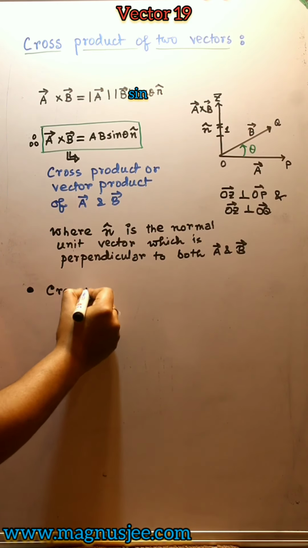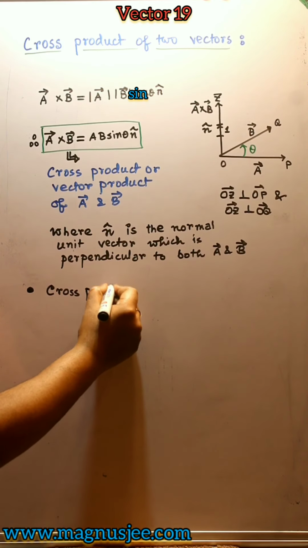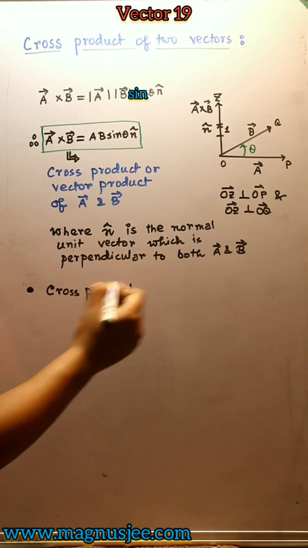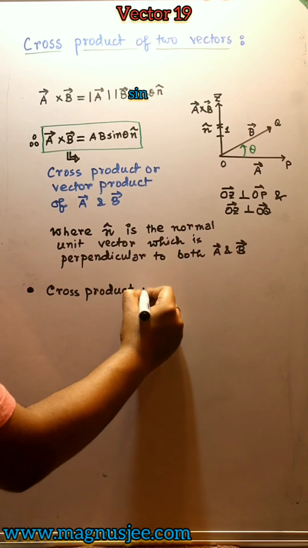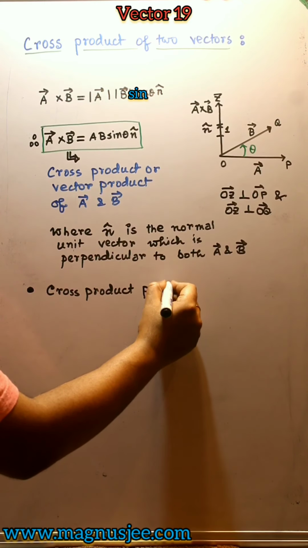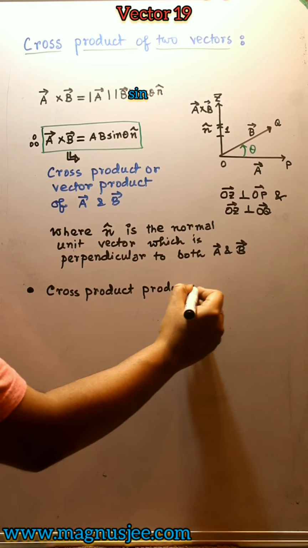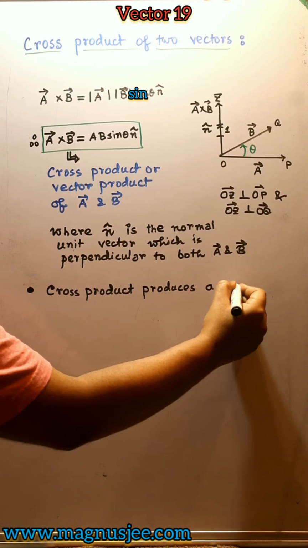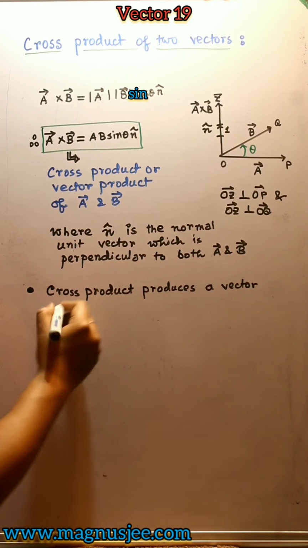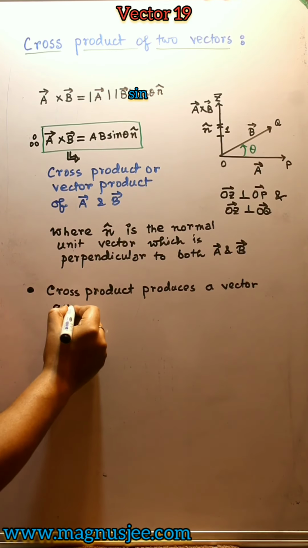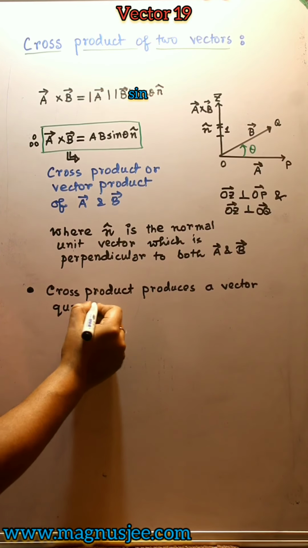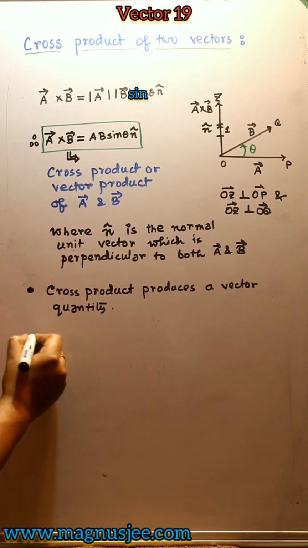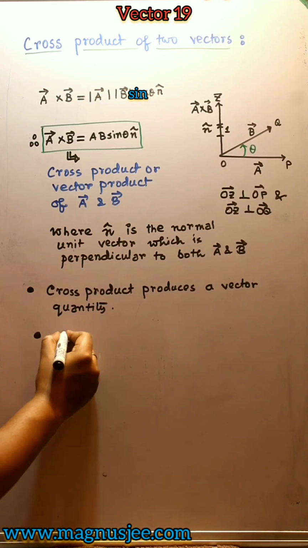Here AB sin theta is scalar but n cap is a vector. Hence we can say that cross product produces a vector quantity. That's why it is called vector product.